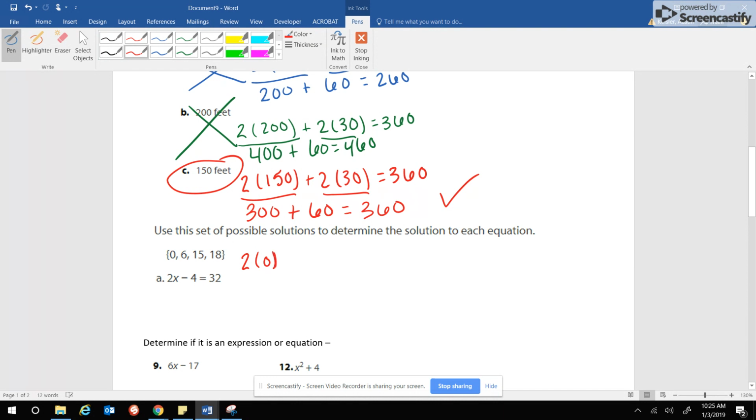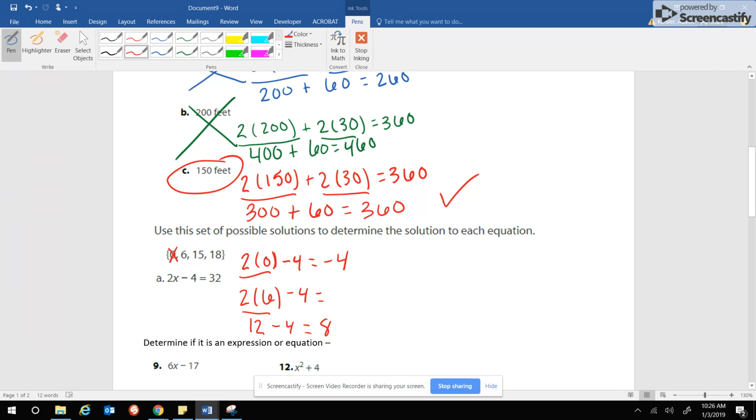my variable x. 2 times 0 minus 4. Well, again, if we're using mental math, we know that that's not going to give me 32, because 2 times 0 is 0, minus 4 is negative 4. So 0 is out. I'm going to try 6. 2 times 6 minus 4. 2 times 6 is 12. 12 minus 4 is 8.